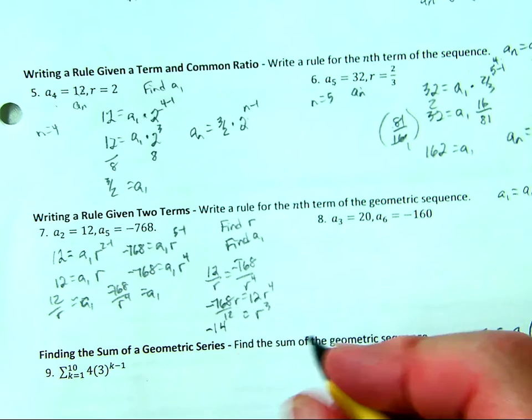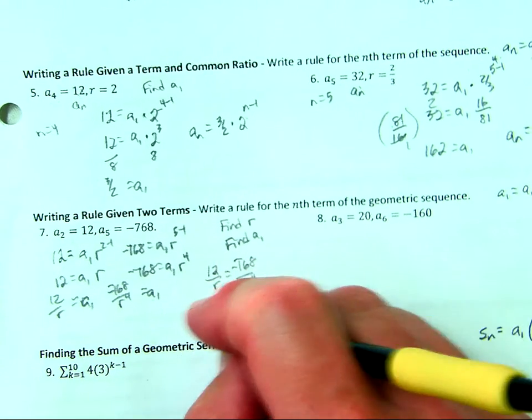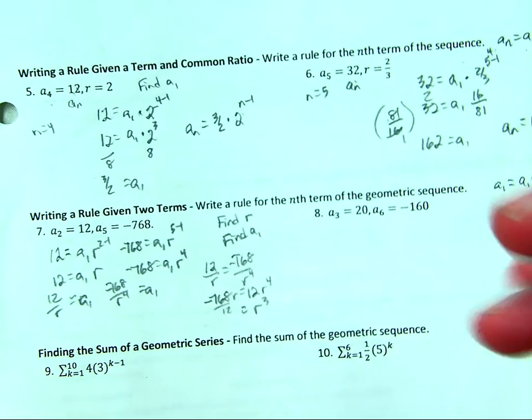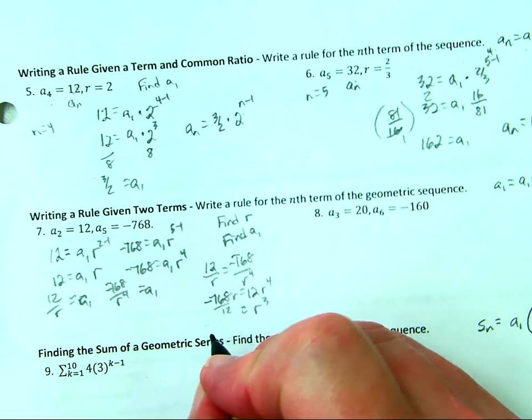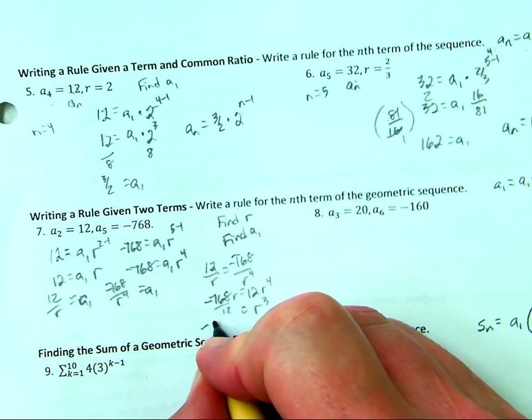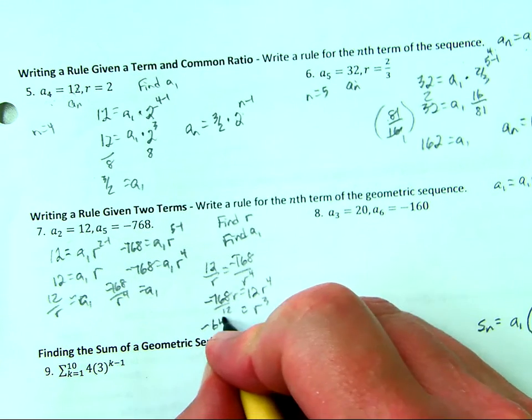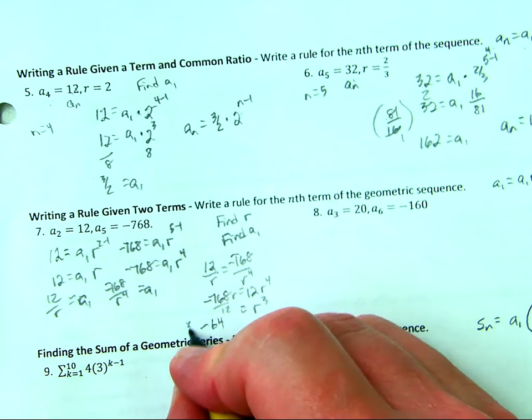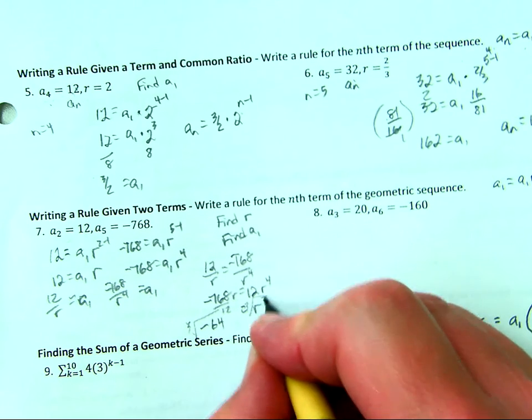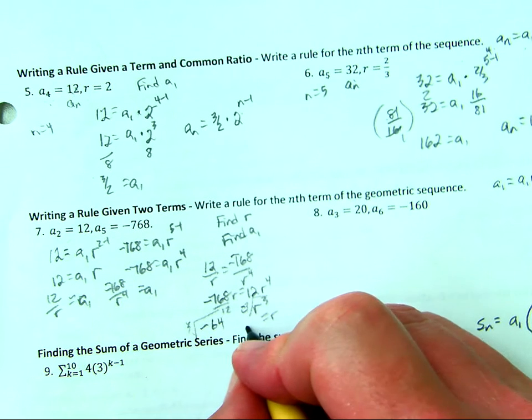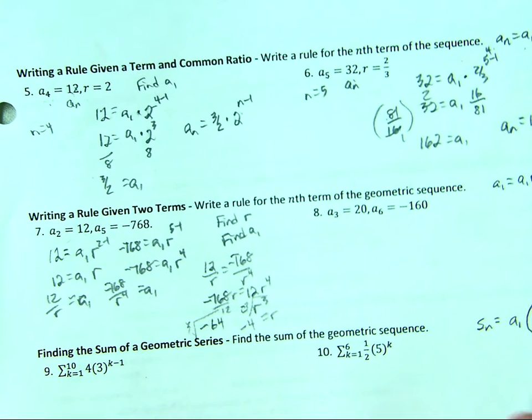That was a negative 768. So 12 goes into that, let's see, 12 goes into 76 6 times. 48, so negative 64. Well, now if we cube root both sides, we get r equals the cube root of negative 64, which is negative 4.